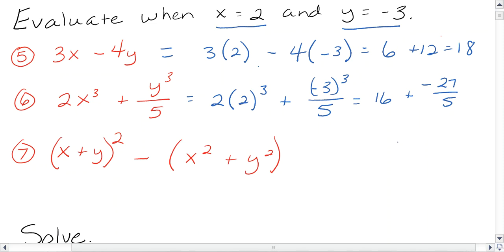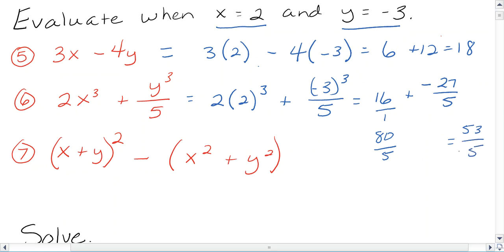Obviously the common denominator will be 5, so I need to change this 16 over 1 to something over 5. So you recall you multiply top and bottom by 5, so this would be 80 fifths. And then if you add 80 fifths to the -27 fifths, you would end up with 53 fifths.